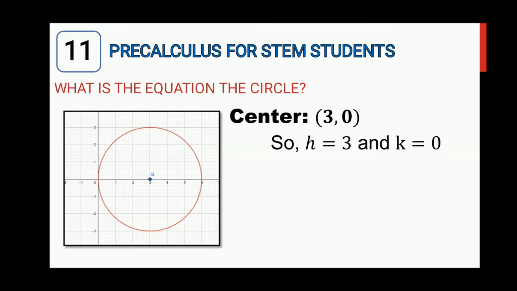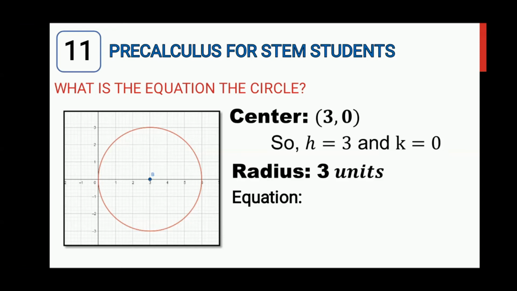Next is the radius. From a point on the circle to its center, we have 3 units. The distance from the center to any point on the circle is 3 units. Therefore, our radius is equal to 3. Now we can have our equation, which should be in this form. Now we can substitute h, k, and r into this equation.